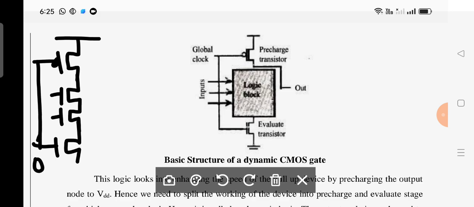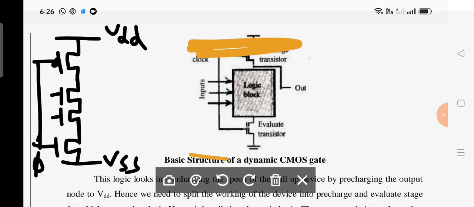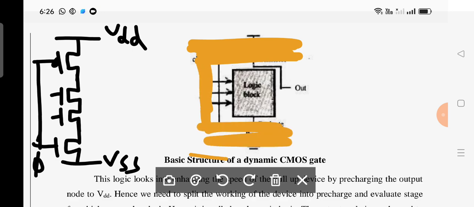This is your pi, this is VSS, and this is VDD. For understanding purpose, I am shading this one, I am closing this transistor.